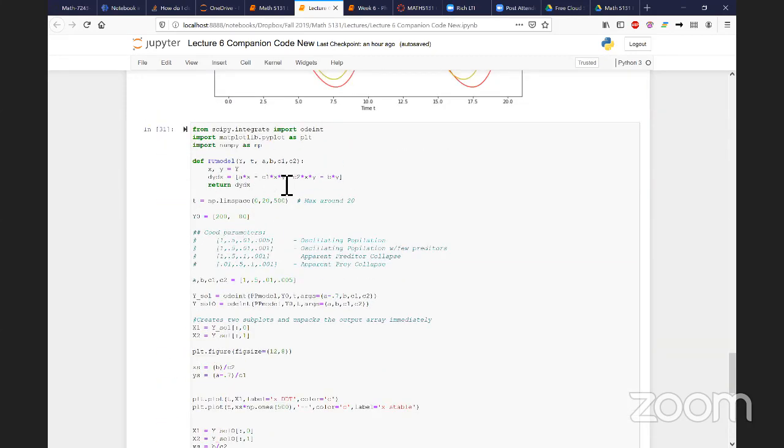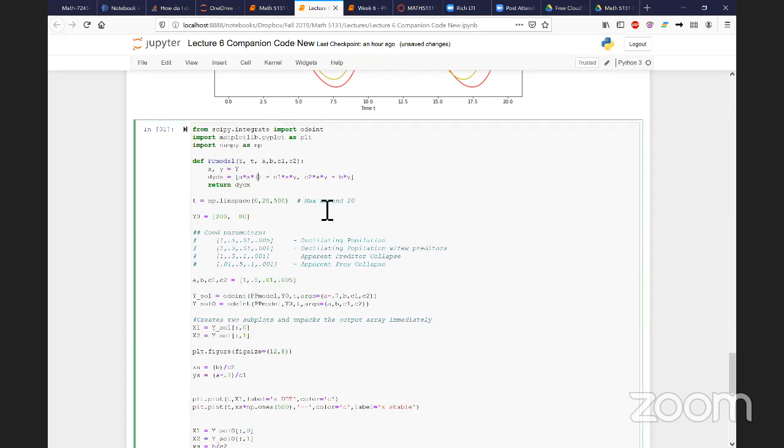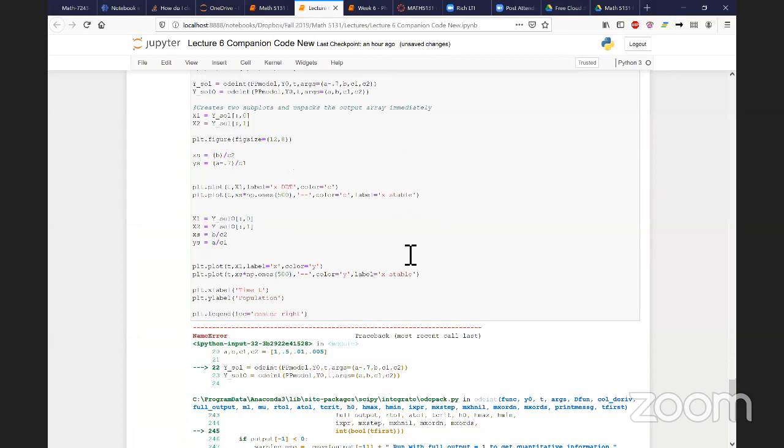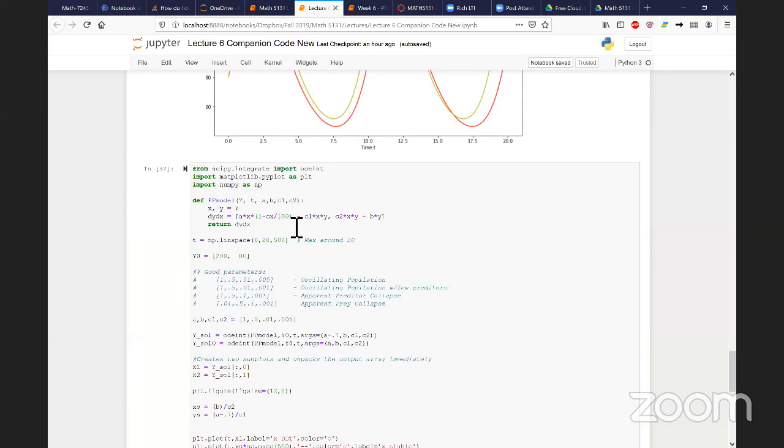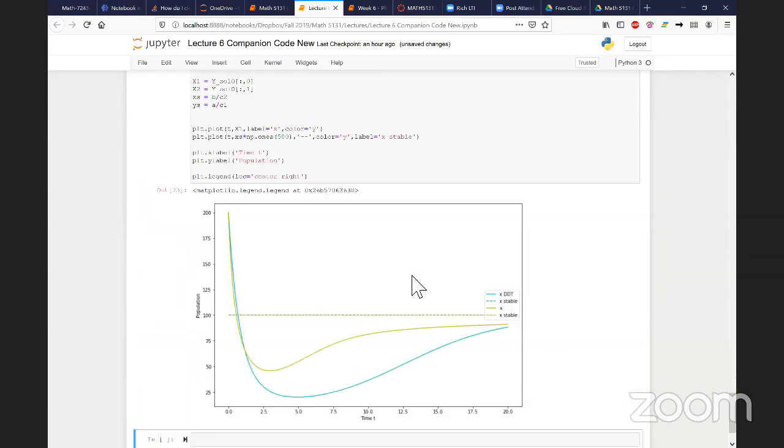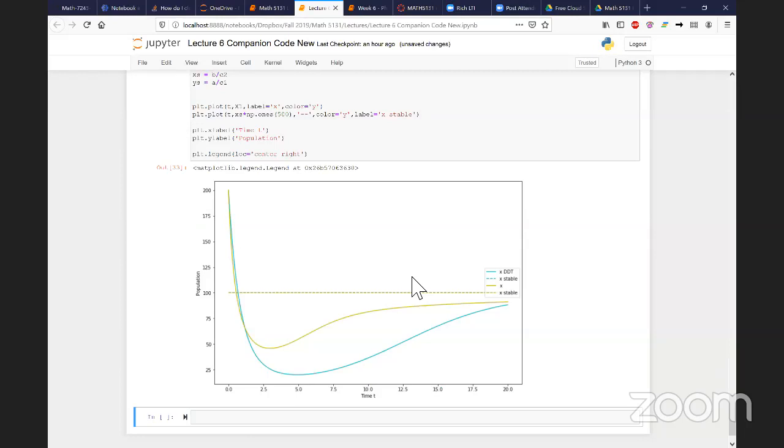And we can certainly play around with that without too much trouble, right? We can just throw a logistic term in here right now. 1 minus x over... Okay, all of a sudden things seem to be stable. Well, what's going on there?